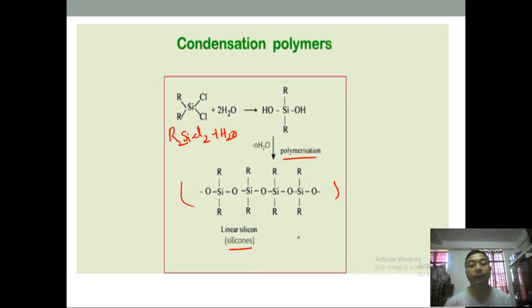Later on we will see this during the preparation of silicones. As I've told, silicone is prepared by this organosilicon method, right? So in condensation polymers, the elimination of water takes place from here, right?